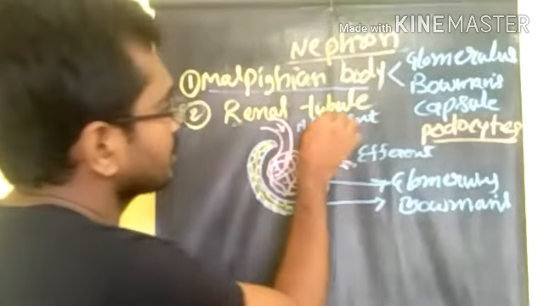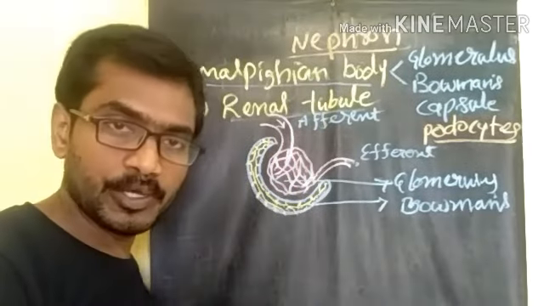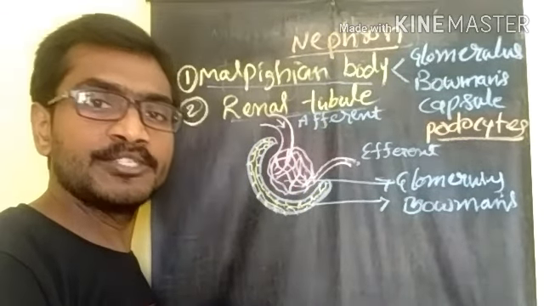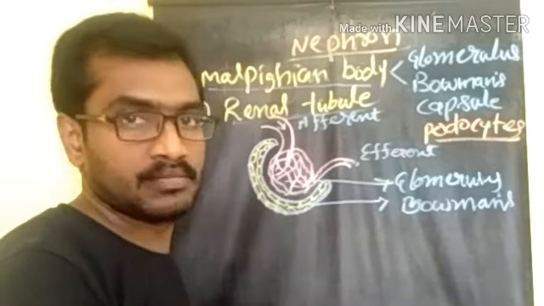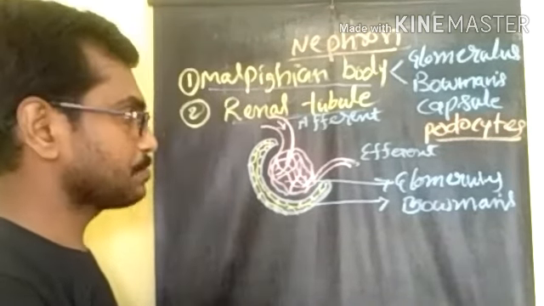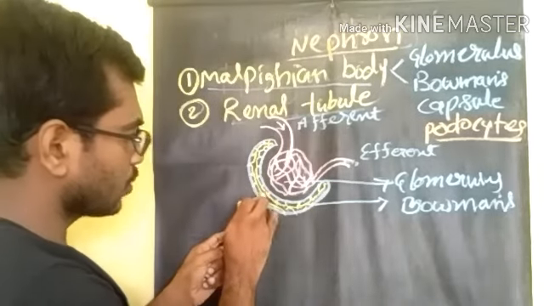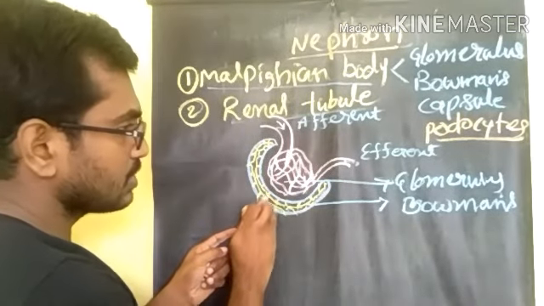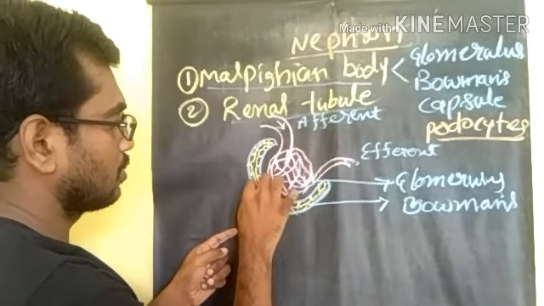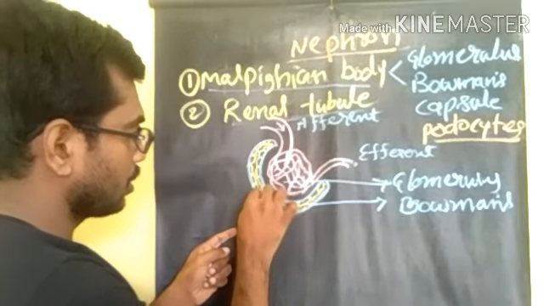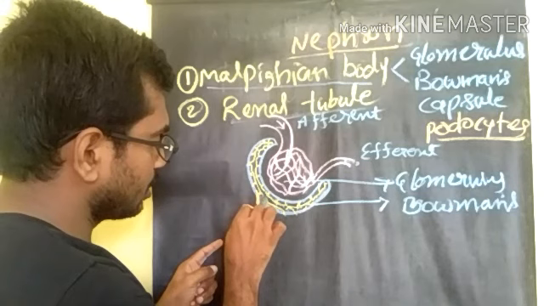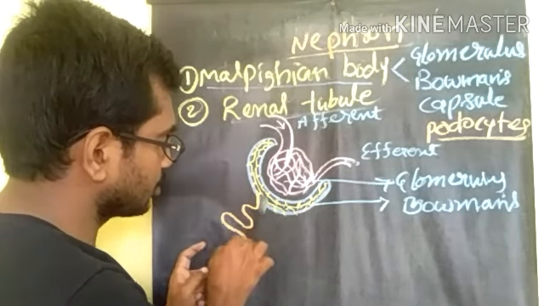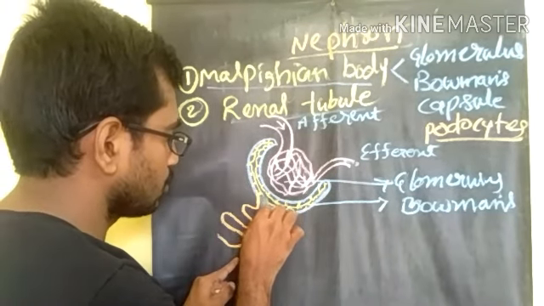The next one is the renal tubule. The renal tubule consists of three distinct parts. Here it starts: the Bowman's capsule opens into a convoluted tubule.